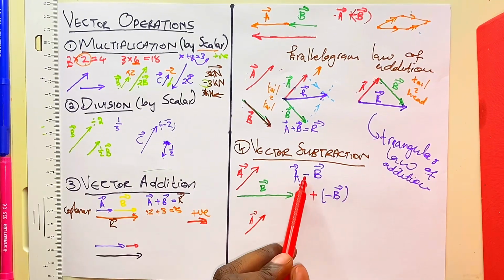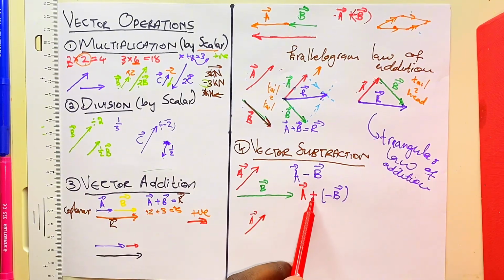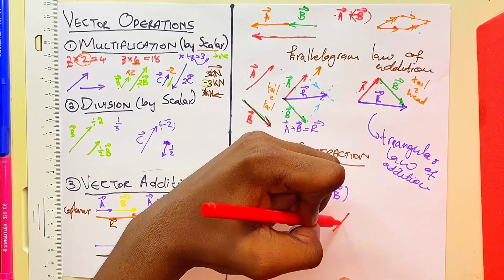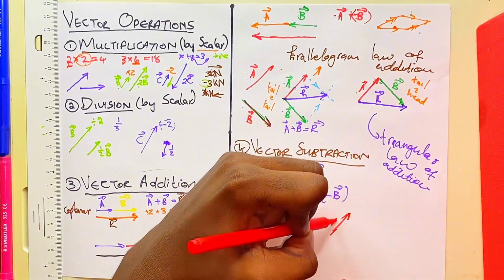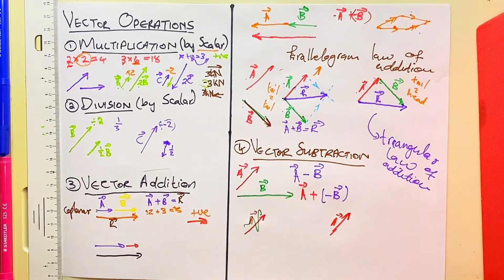But when we subtract B, we are adding a negative B, meaning that our B is now acting in an opposite direction. Let me actually draw this. A here. We now have A. Our B, instead of going this direction, it now goes in this direction.